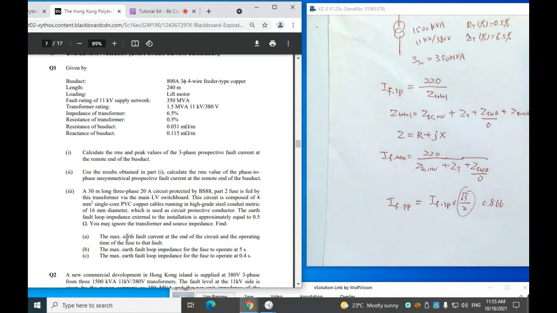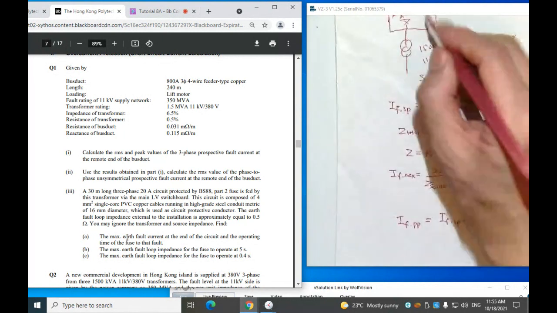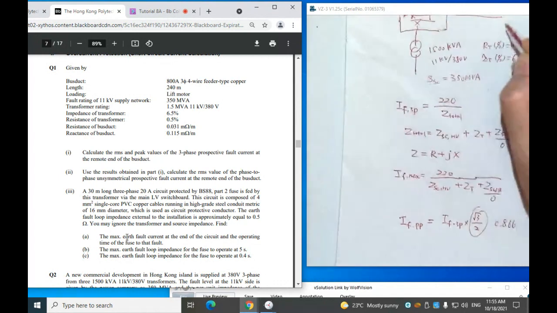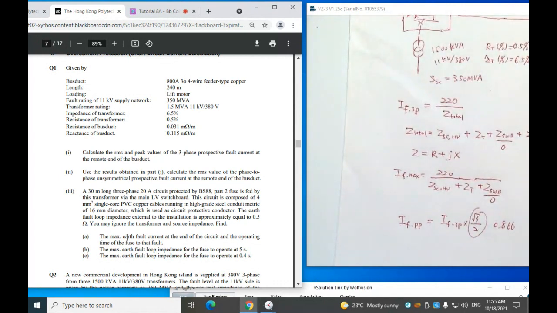So that means you have a transformer here, and you have one outgoing circuit, and on this circuit you have an earth fault here. And this circuit is made by the single core cable in conduit. So we want to find the earth fault current.